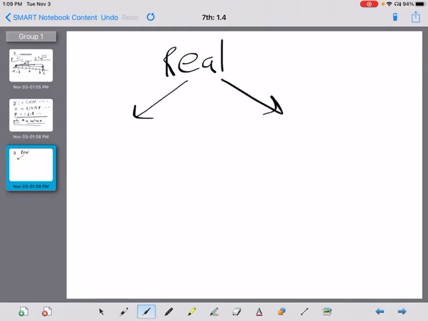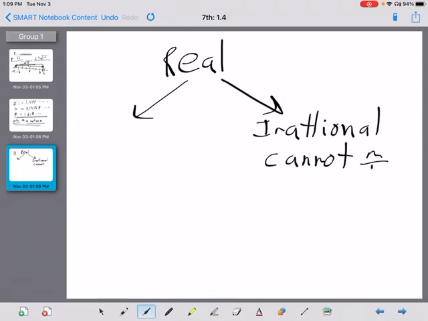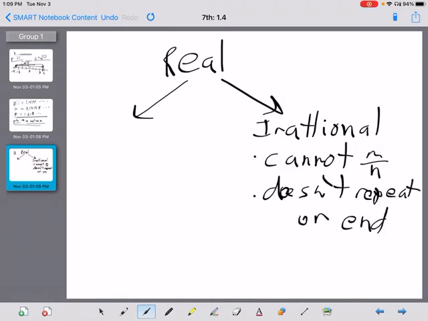You have irrational, which means it cannot be m over n, and doesn't repeat or end. So irrational means doesn't repeat or end.